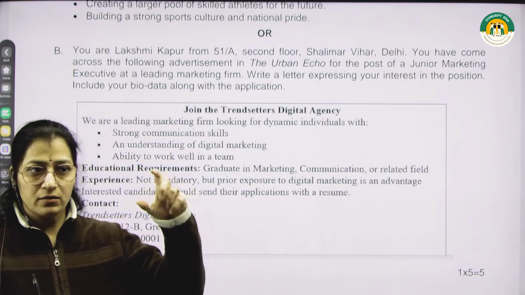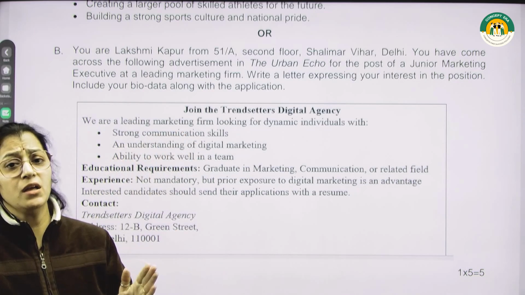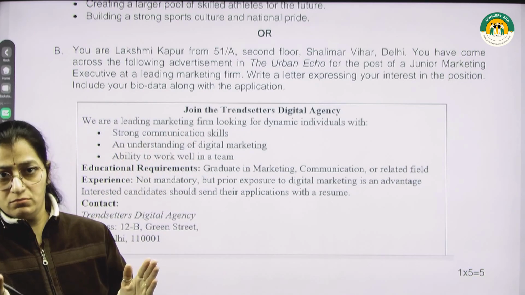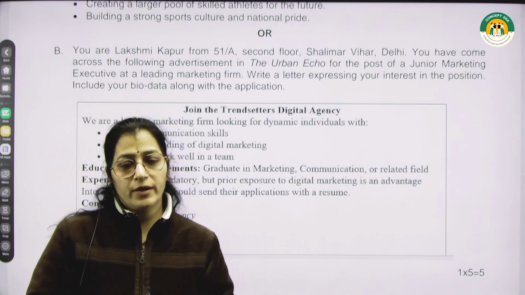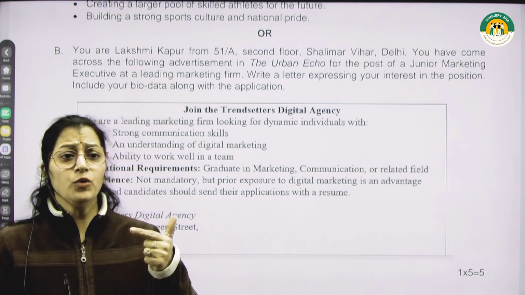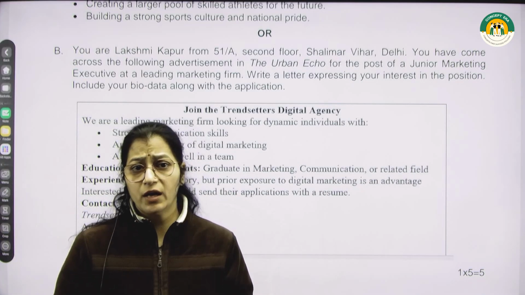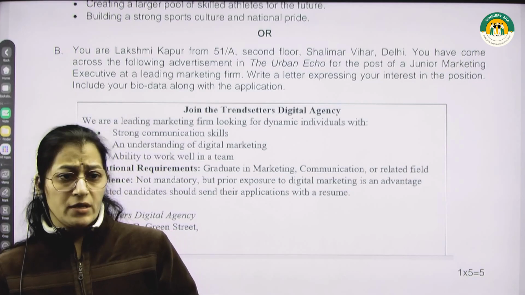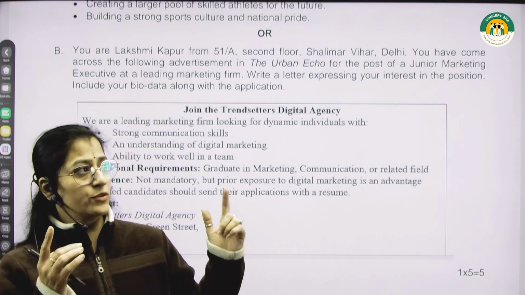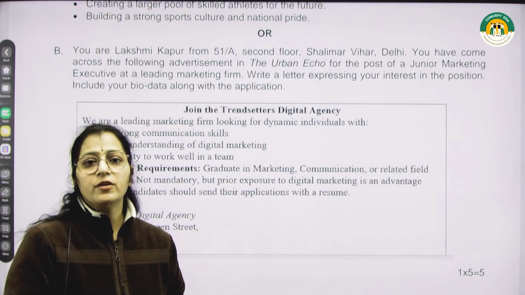So first part, letter format, that you are going to draft to address the manager, the person to whom you are going to write this letter. How you find yourself suitable for this post, who you are, what kind of education you have gained throughout your academics, and if you have any kind of experience. So in the next part of this question, you will write your CV.